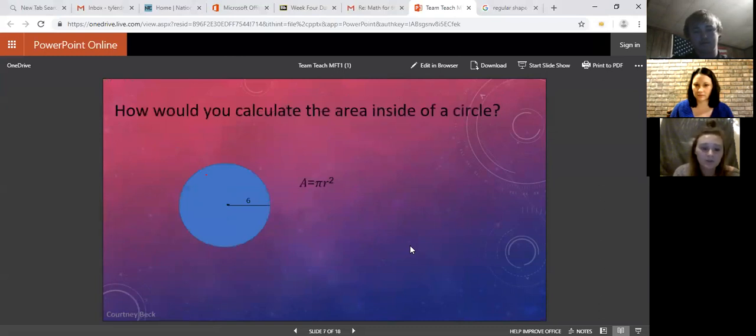You have the radius of 6, and since we have the radius of the circle 6, we can substitute it in for r, the radius, and we're going to square 6, we're going to get 36. So 36 multiplied by pi is 3.14.